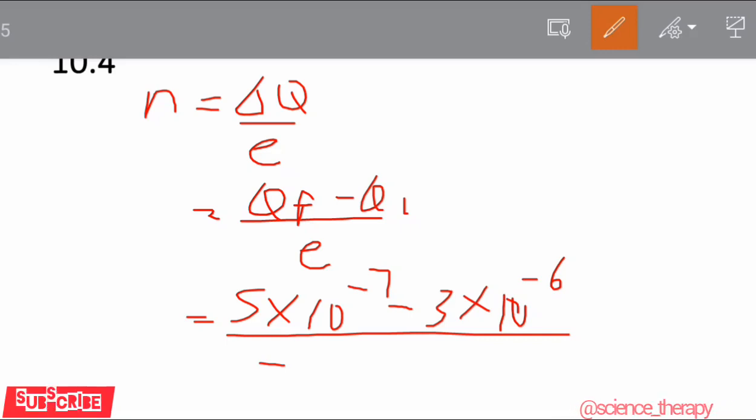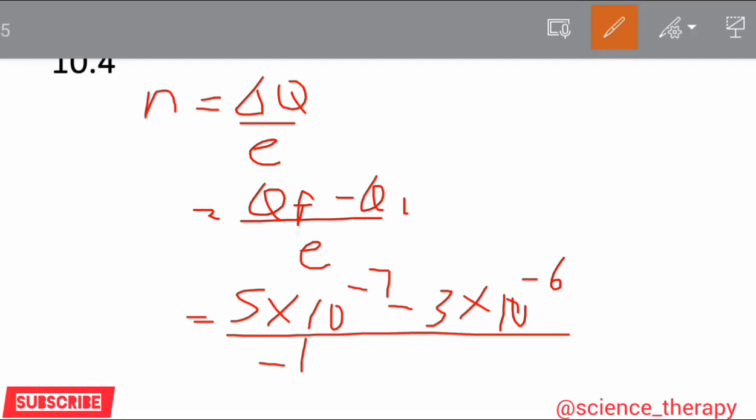I know it can be pretty confusing since you have 5 here and then you are thinking, how can it be a smaller number? Remember, we are looking at a negative 7 here. So this negative 7 makes it a smaller number than this one that is a negative 6. Remember, if you are taking a smaller number and you are subtracting a bigger number from it, the result will be a negative.